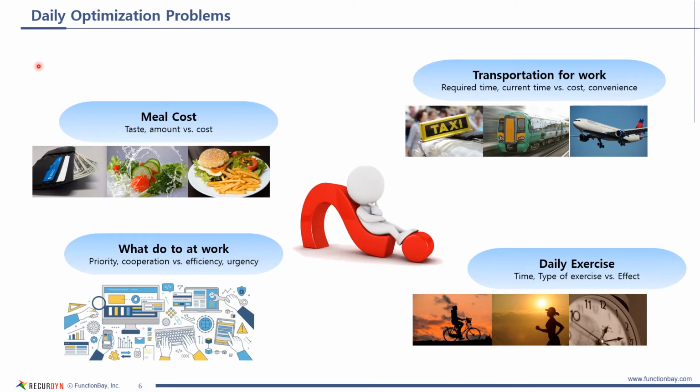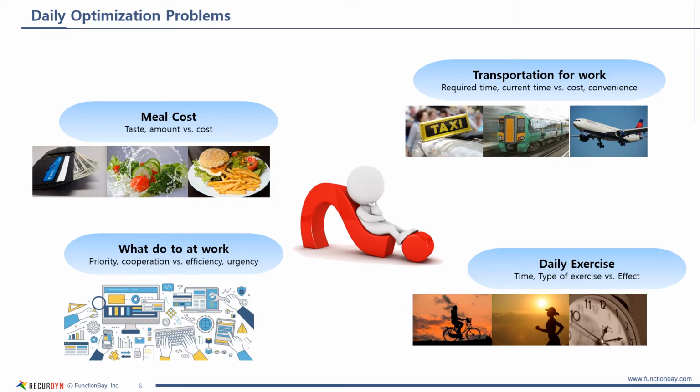Let's look at some daily optimization problems that we may experience. The cost of a meal, transportation to and from work, or daily exercise are a few examples. When you look at a restaurant menu, we consider taste, how much food comes with the meal, and cost of the meal. Each of these considerations can be design variables, constraints, or objectives.